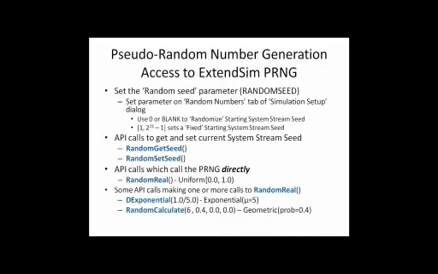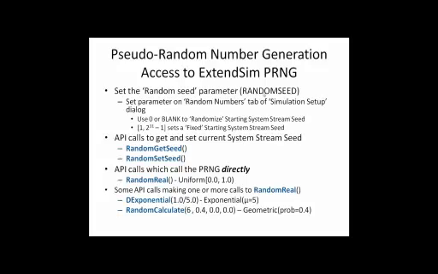Okay, how do we access the ExtendSim generator? We talked about the system stream seed. There's a parameter in the simulation setup dialog that is used to set or control how the system seed is determined.